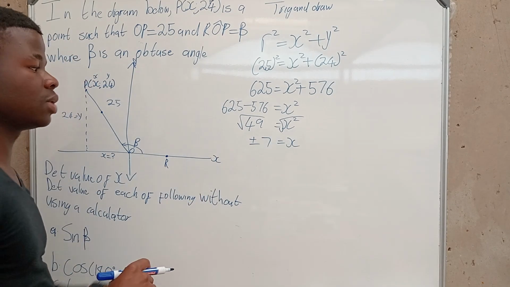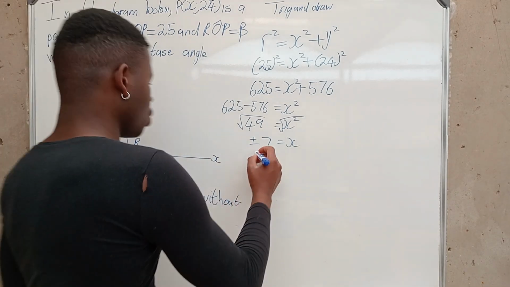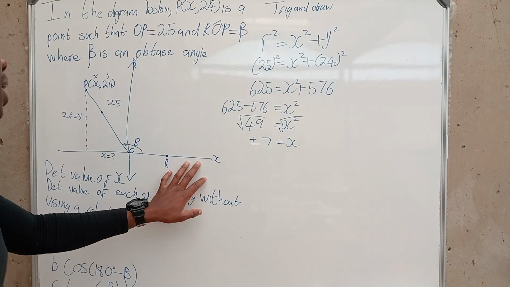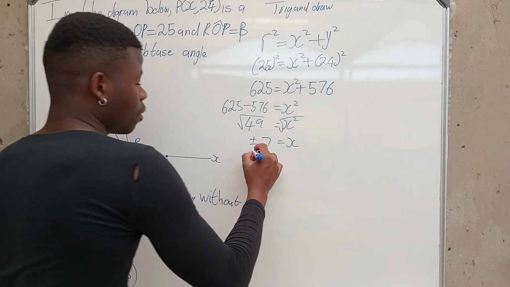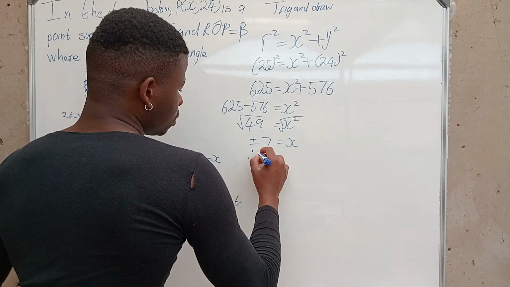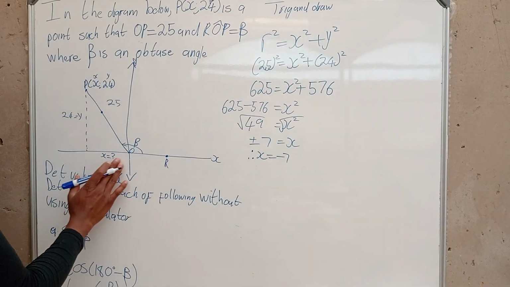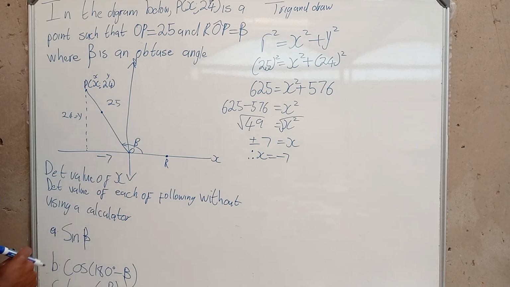If you put a square root, your answer has to be plus or minus 7. And then you will check your Cartesian plane. Our Cartesian plane is positive here and negative here, and therefore you conclude that x is equal to negative 7. So our x here is equal to negative 7. You get it? So now we have found our x.